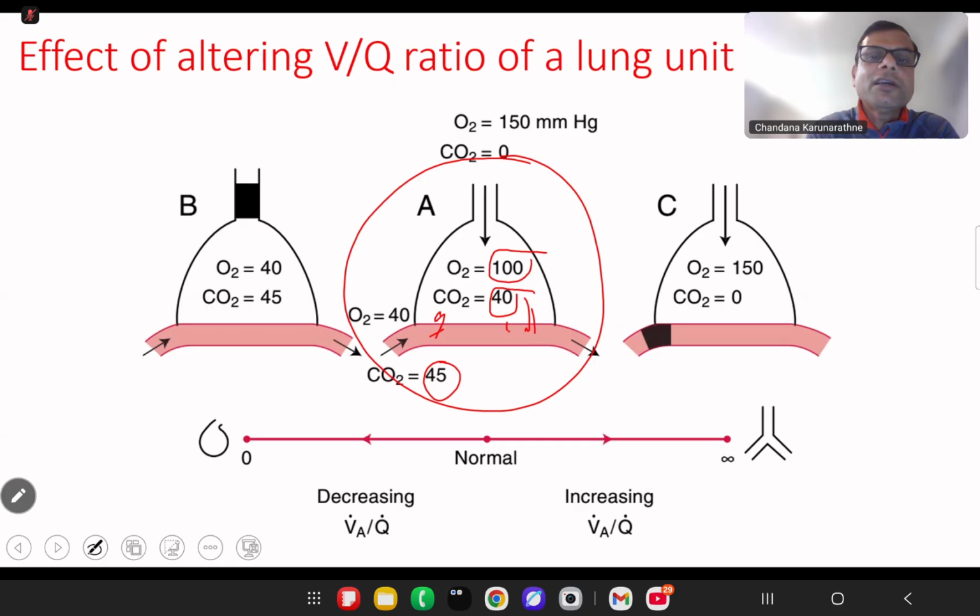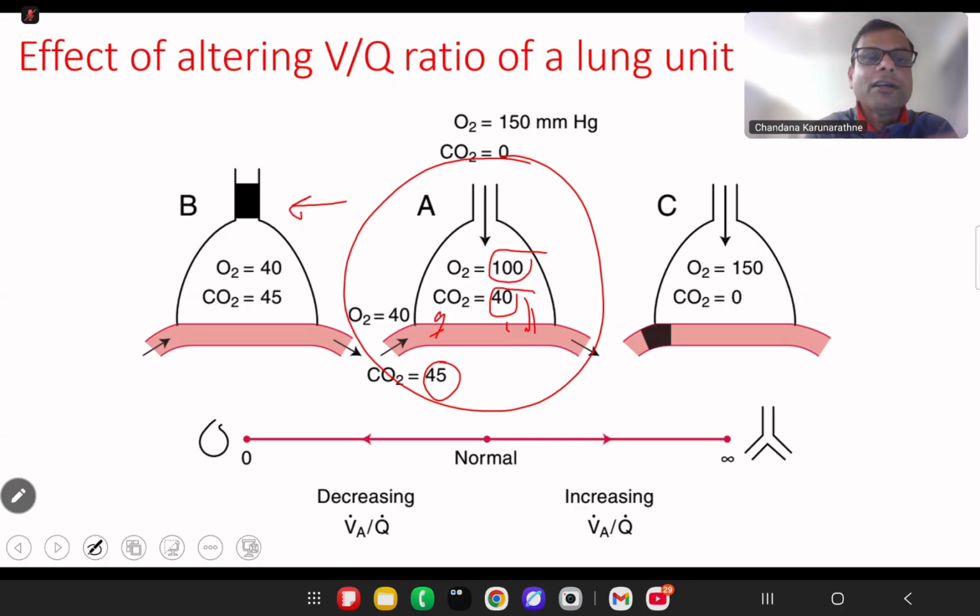But for some reason, if you keep obstructing the airway and get to a state where certain parts of the lung in this diagram have no ventilation happening, this is a theoretical thing.